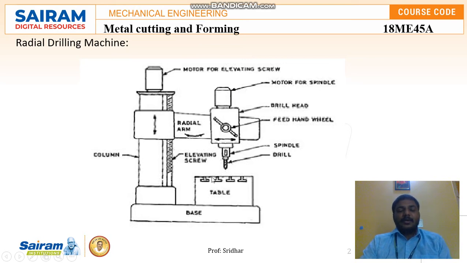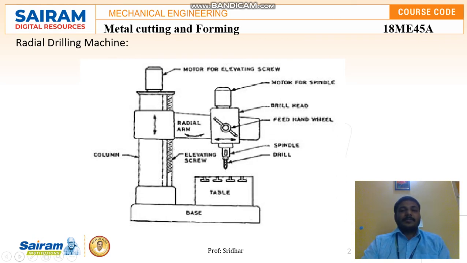And this is the workpiece table. The workpiece table is rigidly fixed. Compared with the portable drilling machine, where the workpiece table was movable and the drill head was fixed, here the drill head can be moved and the workpiece is fixed.